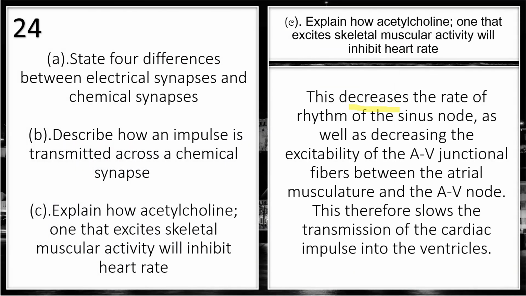This decreases the rate of rhythm of the sinus node, as well as decreasing the excitability of the atrioventricular junctional fibers between the atrial musculature and the atrioventricular node. This therefore slows the transmission of the cardiac impulse into the ventricle.